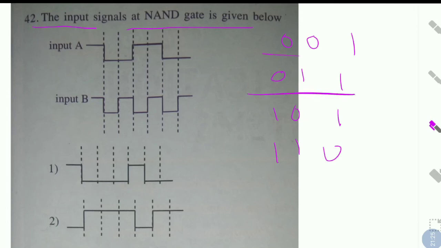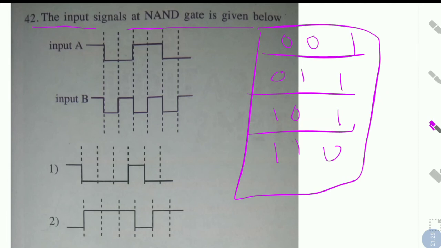This is the NAND gate truth table. So NAND gate 1 1, 1 1 output is 0. So 1 1. Check the options.